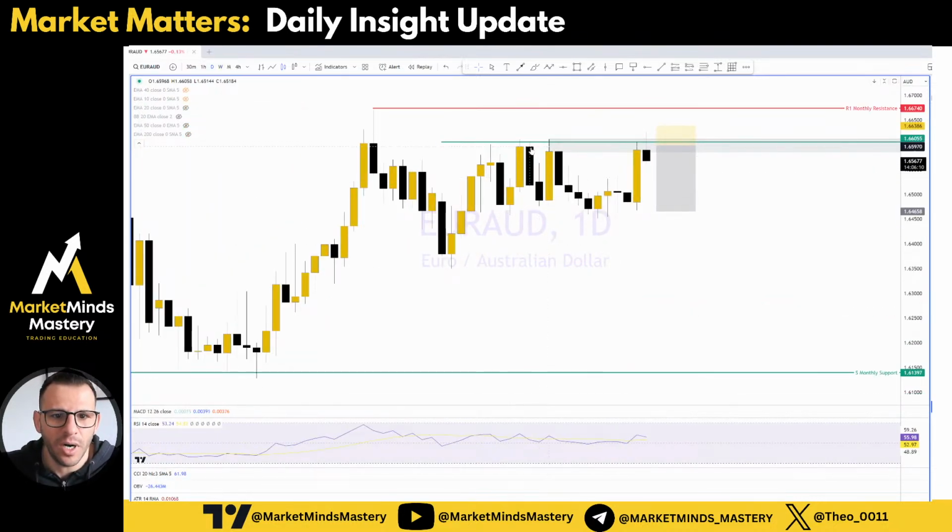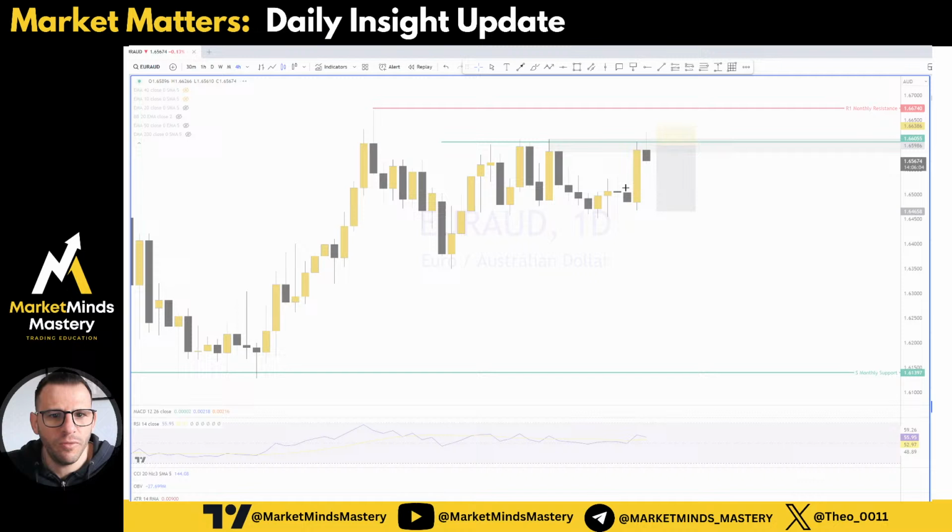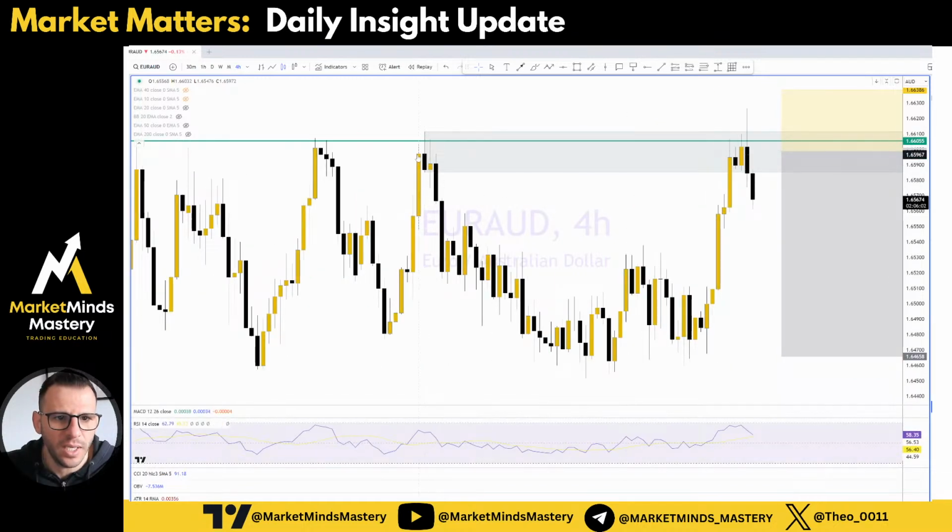Then on the daily chart, we have these bearish candles, very robust, very solid. And on the 4-hour time frame, you can see that this bearish candle here created the move to the downside. And I use the middle of this bearish candle here.